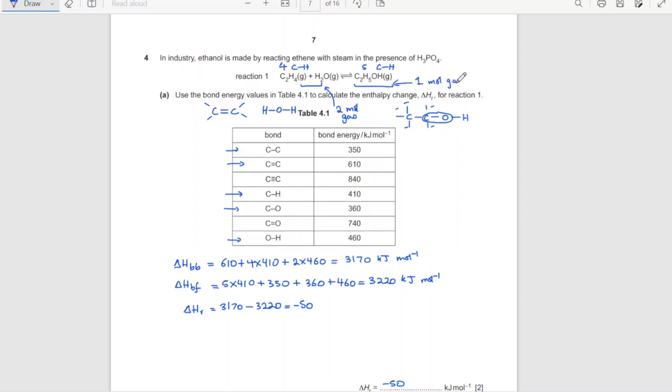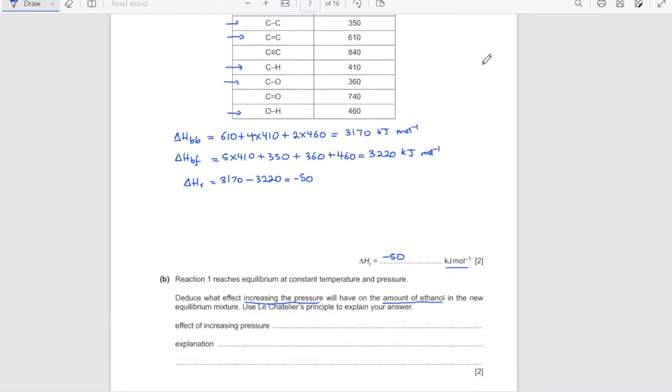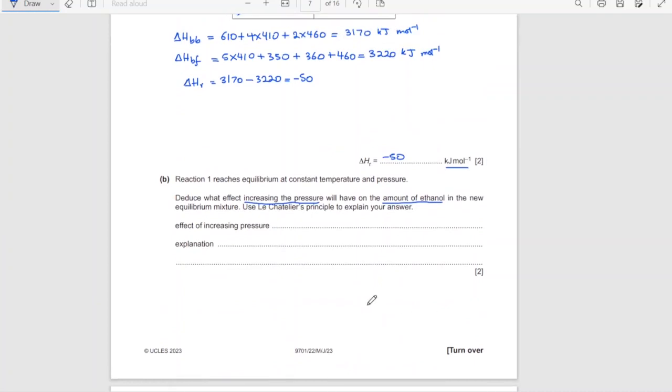So if I increase the pressure, that will favor the reaction producing fewer moles of gas so that the pressure goes back down according to Le Chatelier's principle. So this will increase the amount of ethanol that is being made. So I'll write this down. So effect of increasing the pressure, the amount of ethanol in the equilibrium mixture will increase.